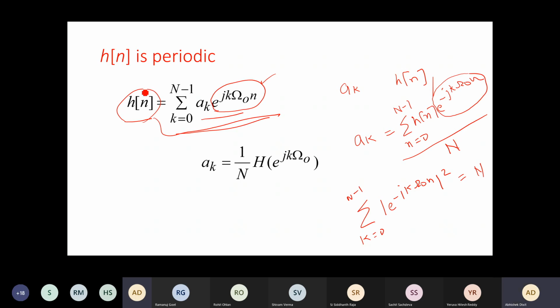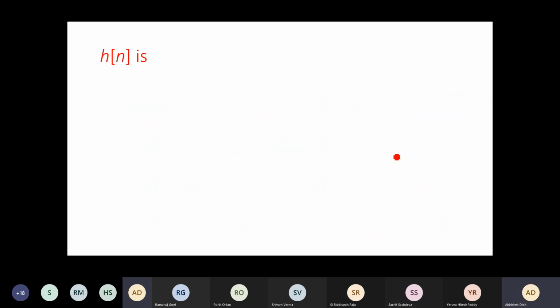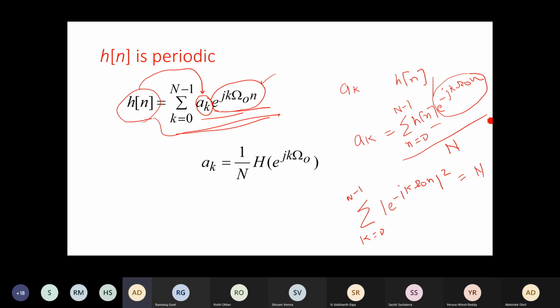So here I am writing out a vector in terms of the projection of that vector along a basis. If I have to find the component, which is AK, of this vector Hn along this basis, this could be obtained by taking the inner product of Hn with this basis, and this is the expression for the inner product, right?